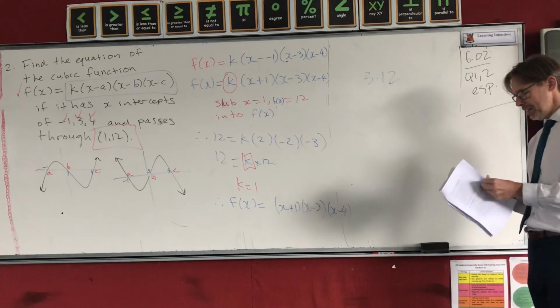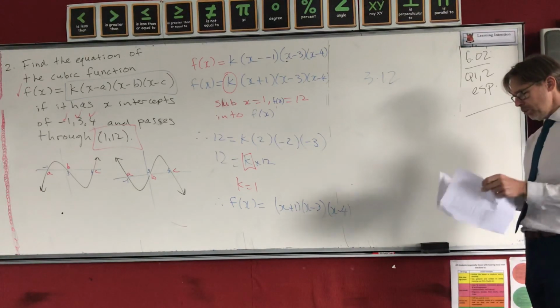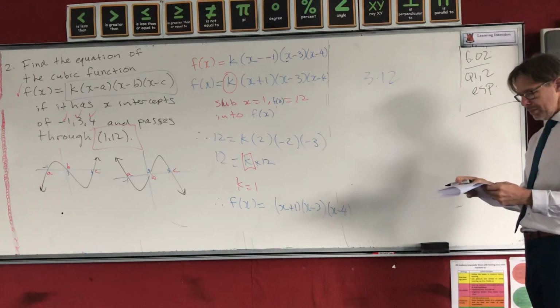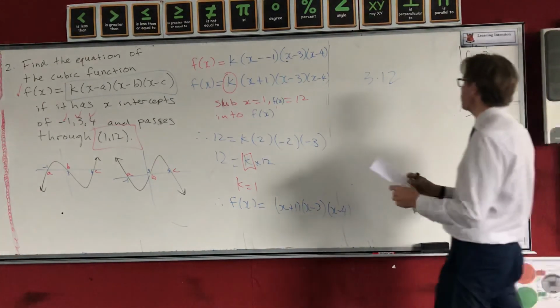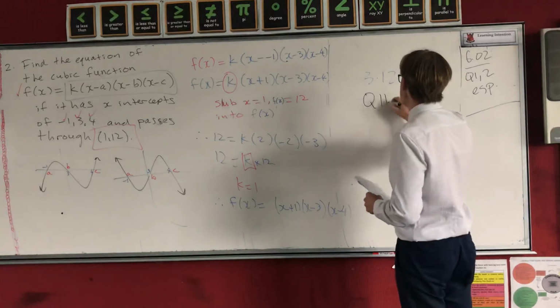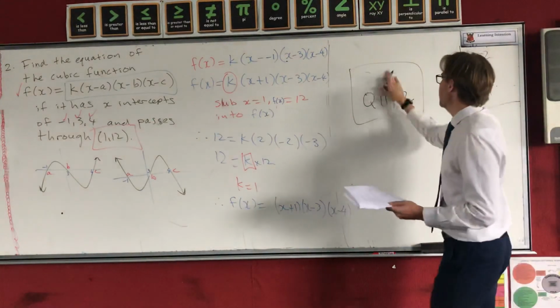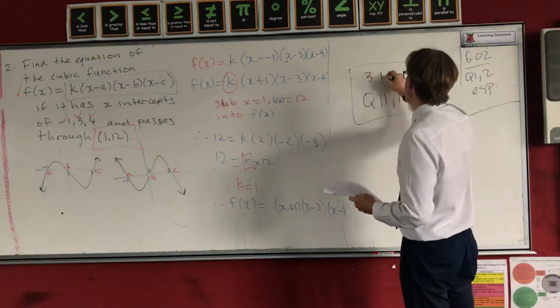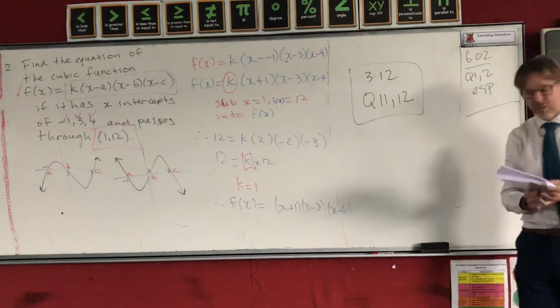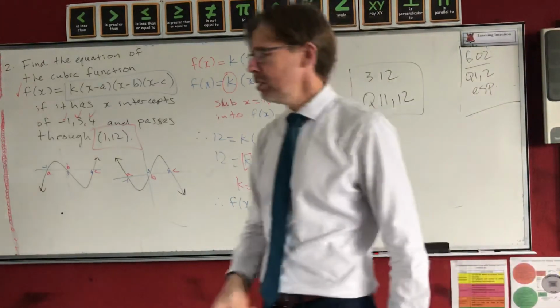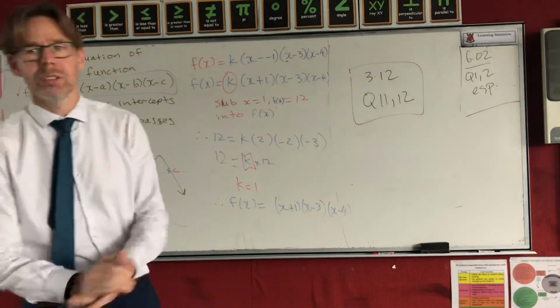Now, questions I want you to do are question 11 and question 12. You can do all of those questions for practice, okay? So I'll drop that out, 3.12 from your textbook. Okay, that's it for today, and next lesson we'll start something else. All right.